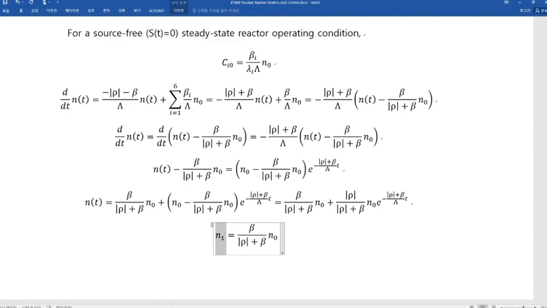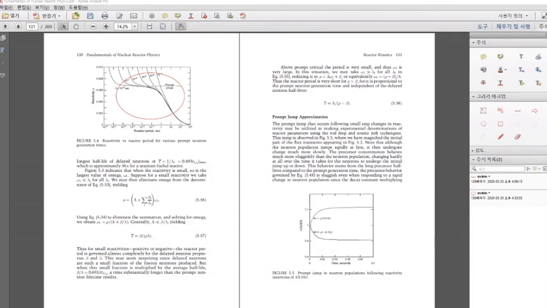In our textbook, from n0, in a very short time, it reaches this value, and then it follows exponential growth or exponential decay. So the ratio between n1 and n0, in this case, is 1.1, or a 10% increase.